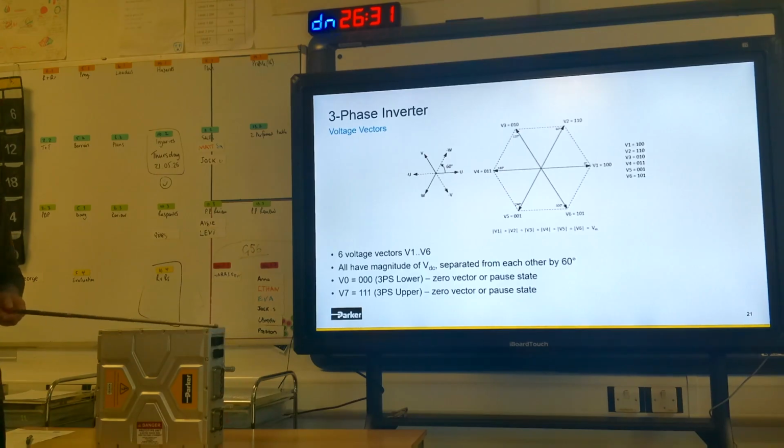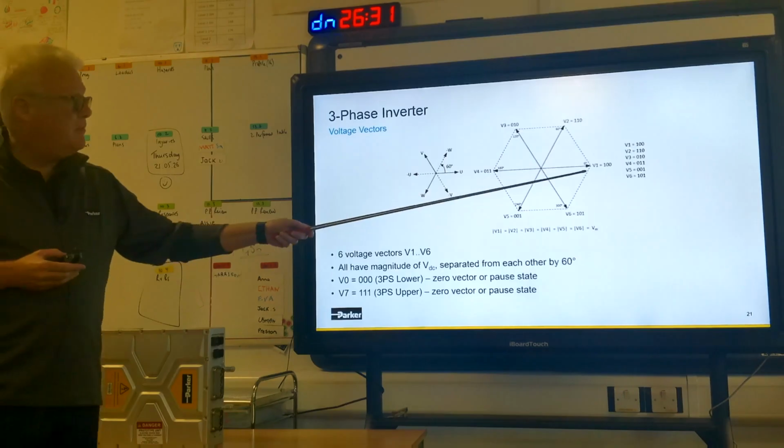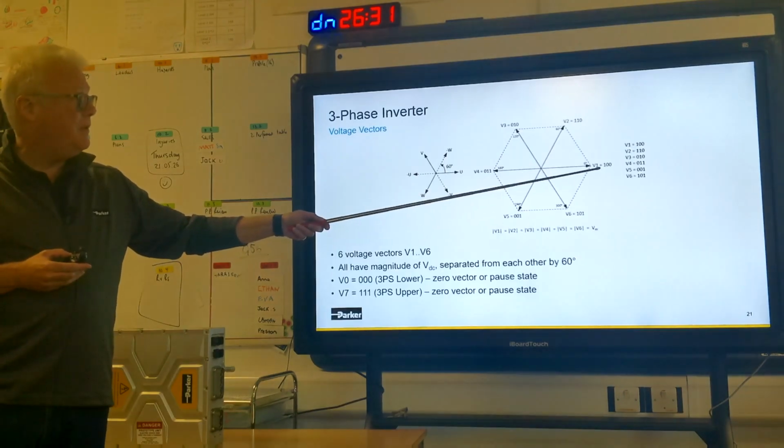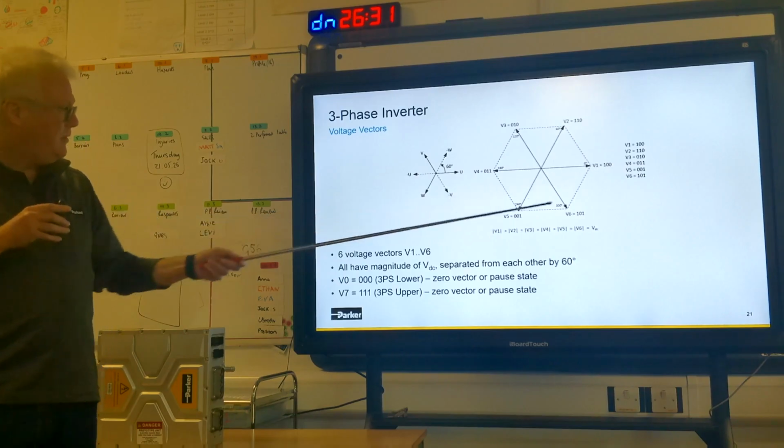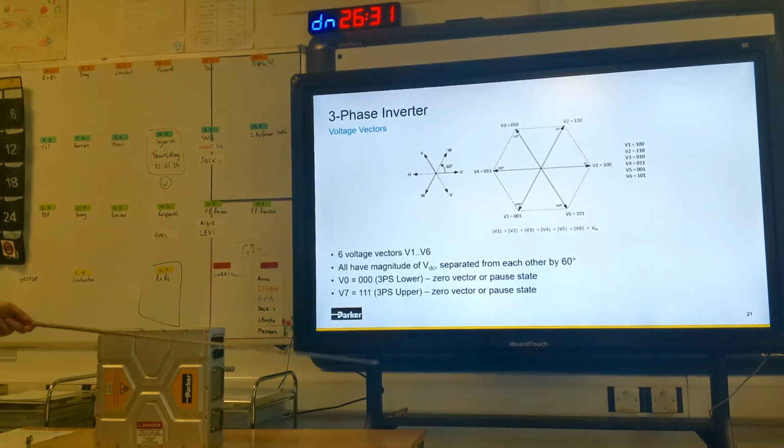If I wanted to change the amplitude of the voltage vectors I was applying, I could, for example, let's just take this one, V1. If I could just take that one that's turned on there and turn it to a 0, one switch change, I could take it to V0. So I could spend a little bit of time at V1 and then some more time at 0 with no line-to-line voltage.